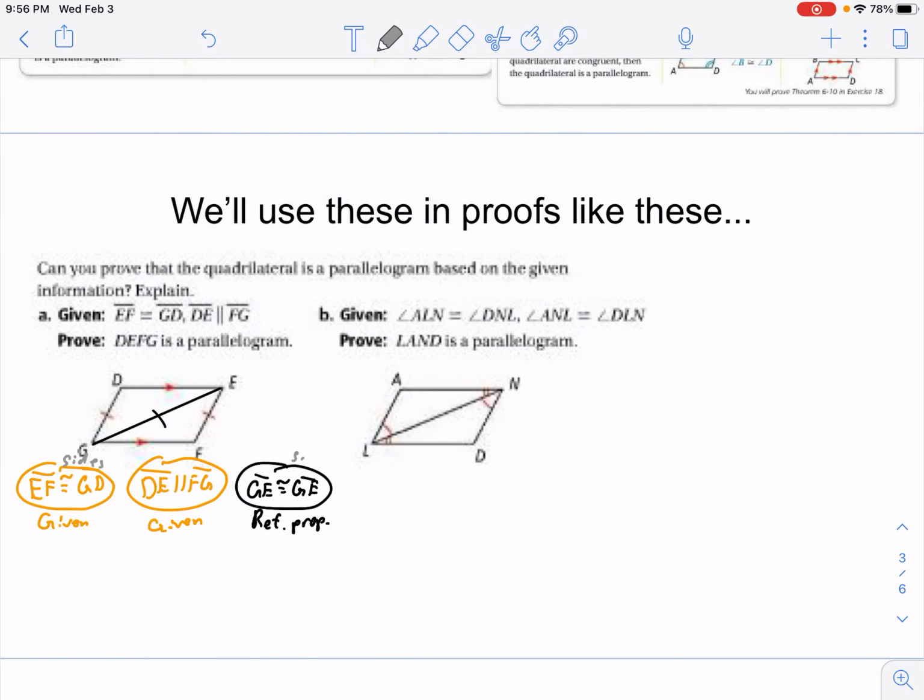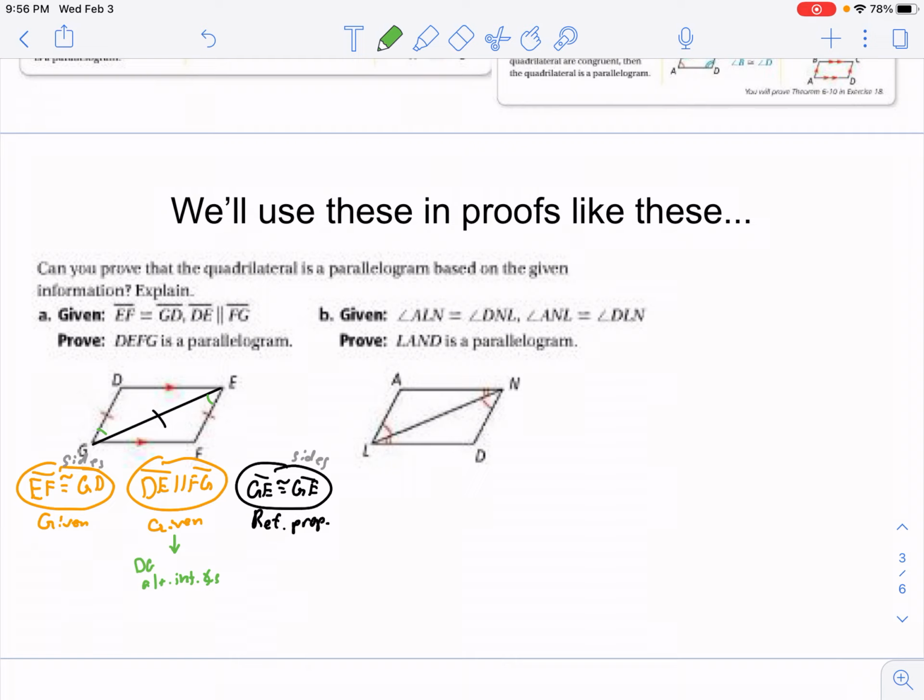a pair of sides, and a pair of sides when we're talking about congruent triangles, and we've got some alternate interior angles.